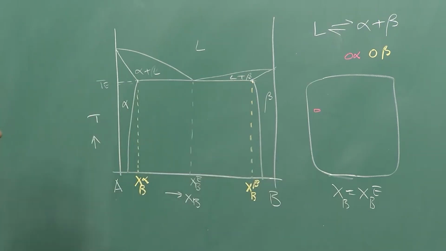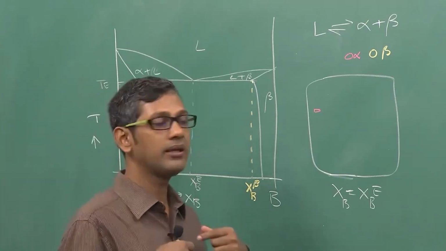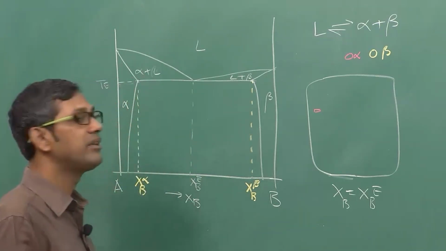So as soon as the alpha nucleates from the liquid and starts growing, alpha requires more A. Therefore, it will remove all the B when it grows.